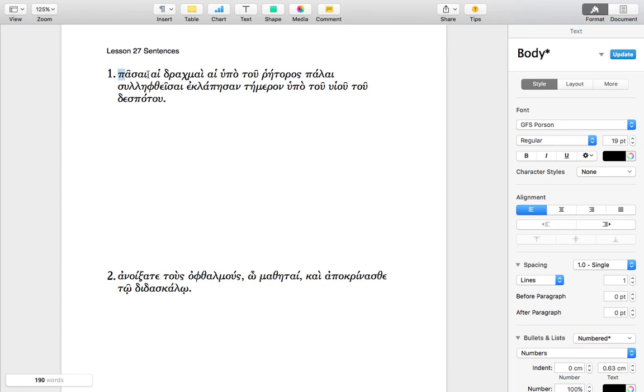So the first thing is passai hai drachmai. This is a form of passai, which is feminine plural nominative for all or every. So all the drachmas here is the subject of our sentence. Now, then we have a reduplication of the definite article hai here.